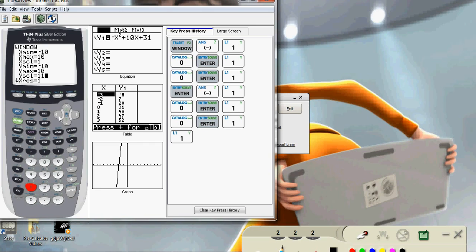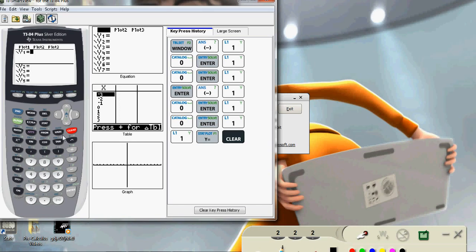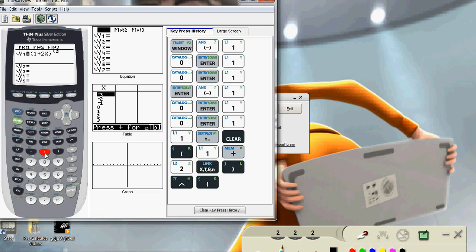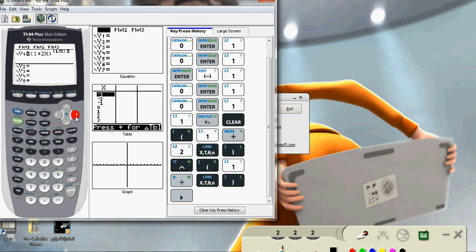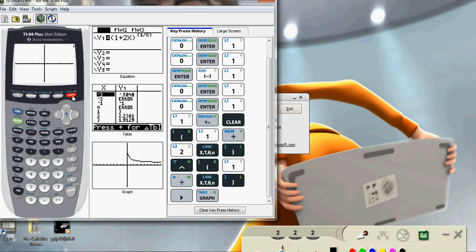And then I'm going to clear out what I had before and put in what is shown there. So it's parentheses 1 plus 2x, and then we're going to raise this to the power of 1 divided by x. And that's all we need. We're ready to graph this and see what we get.